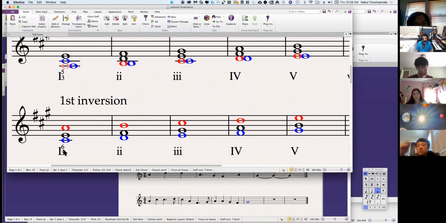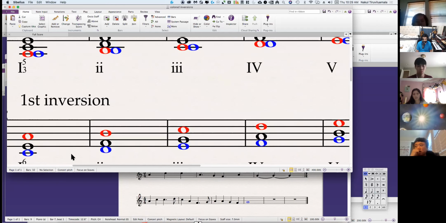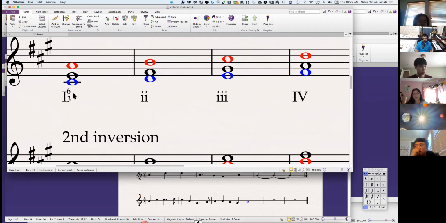If I'm looking at this and I see 6-3, why is it 6-3? Same logic as before. 1, 2, 3, 4, 5, 6. We don't even need to know the exact precise interval qualities here.